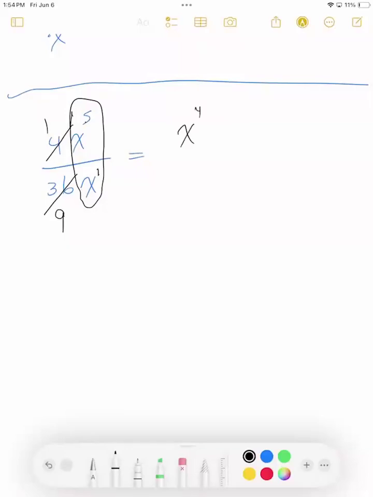So we get x to the power 4. But on the bottom, we have the 9. So the answer is that, or you could write it as 1 over 9 x to the power 4. These are the same thing. You would put the 1 here, but when you have a 1 next to your x or next to your variable like that, you don't need to write it. Or you could write it as 1/9 of x to the power 4.